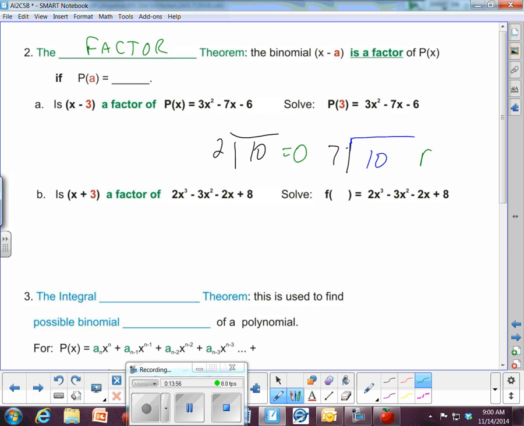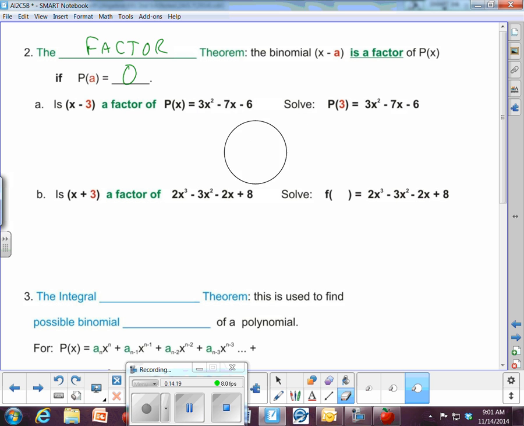But you're going to get a remainder on this one, right? You're going to have a 3 remainder on that one. So things are a factor if when you do, for us, the P of A, you end up with P of A equaling 0, all right? And that's what we're after. If we get a 0, then it's a factor.